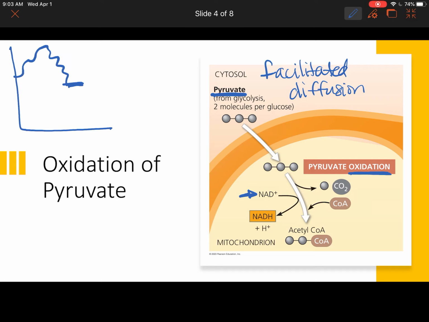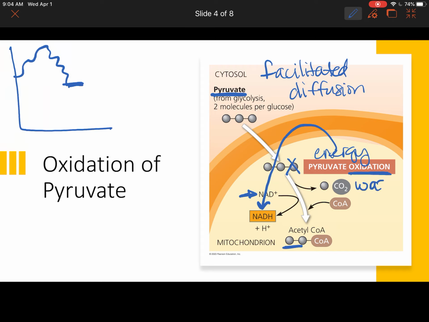Well, pyruvate is a 3-carbon molecule, okay? Part of the reactions, the oxidation of pyruvate, one of those carbons is cut off. Okay, so we go from a 3-carbon molecule to a 2-carbon molecule. That carbon is lost as CO2.